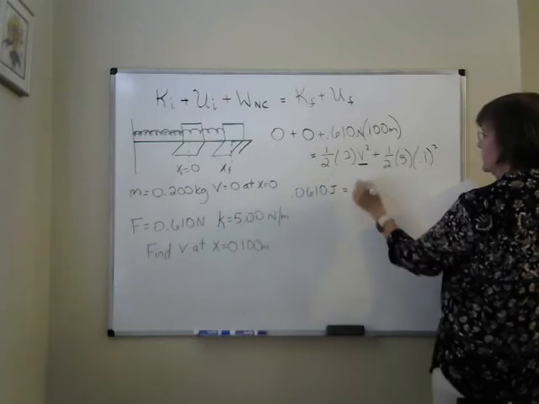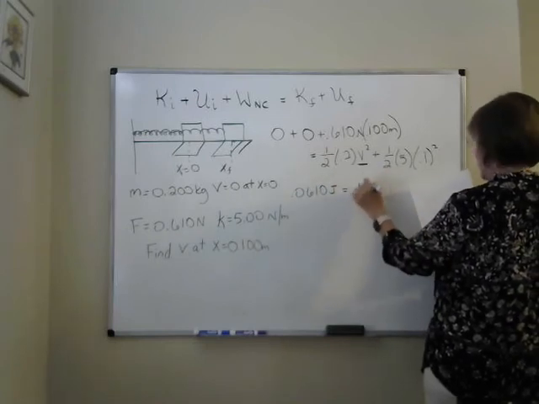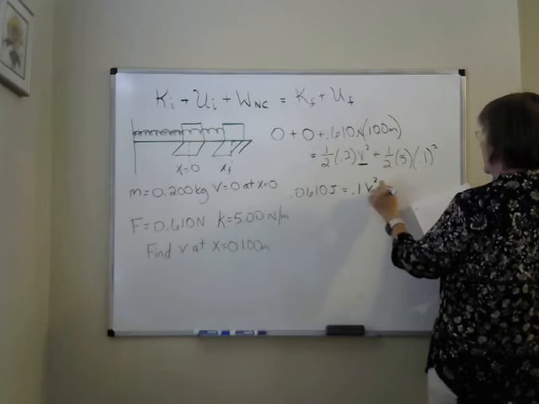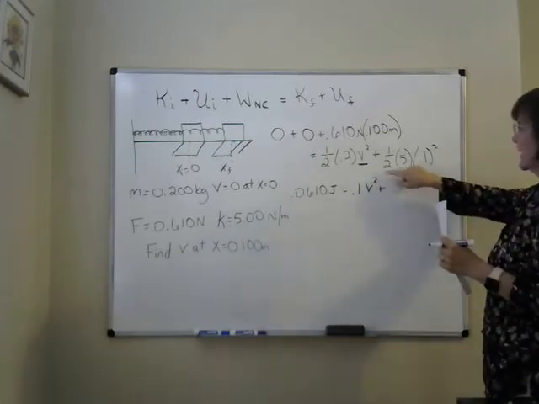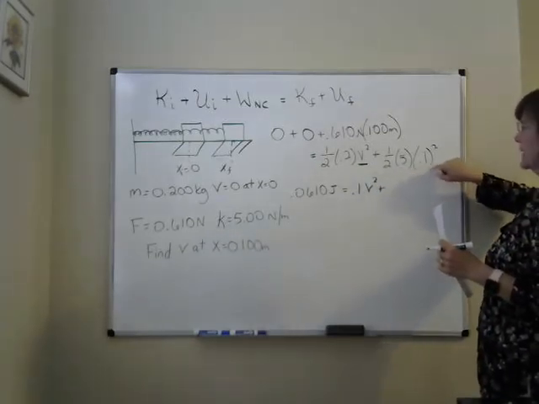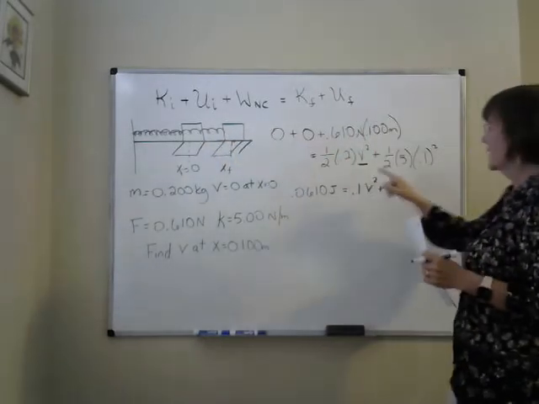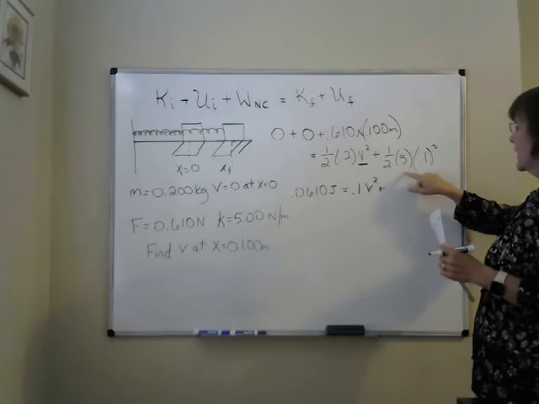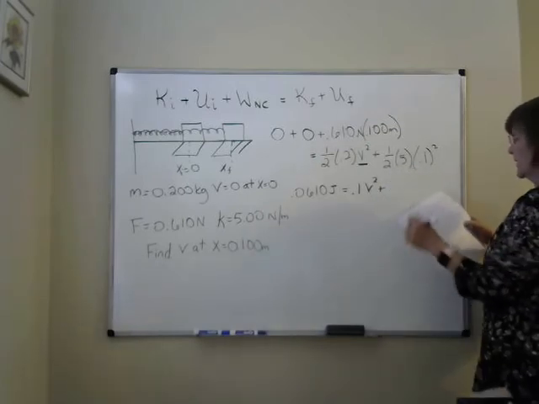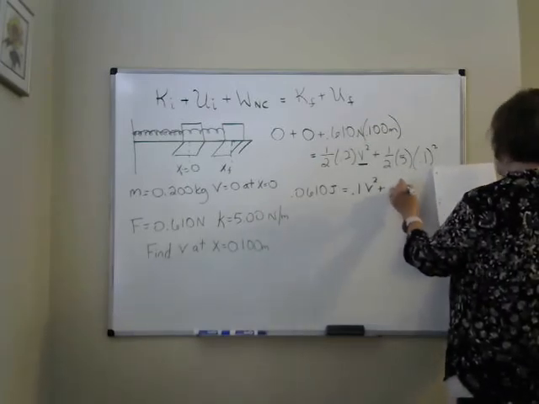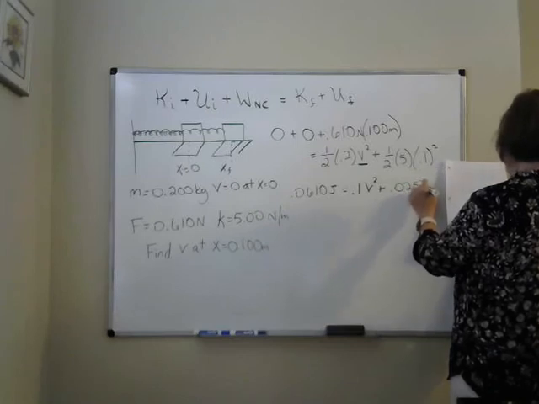1/2 of 0.2 is going to be 0.1 v squared. And then the energy in the spring, this final potential energy, because now that you've stretched it, we have potential energy. 1/2 times 5 times 0.1 squared is 0.0250.